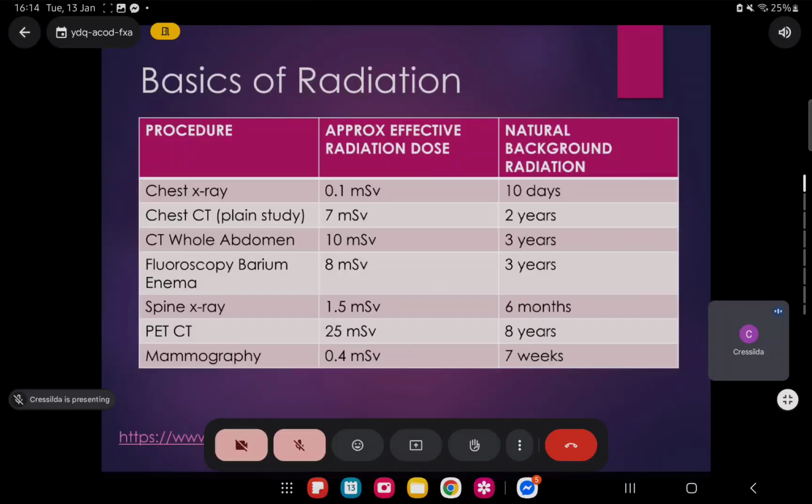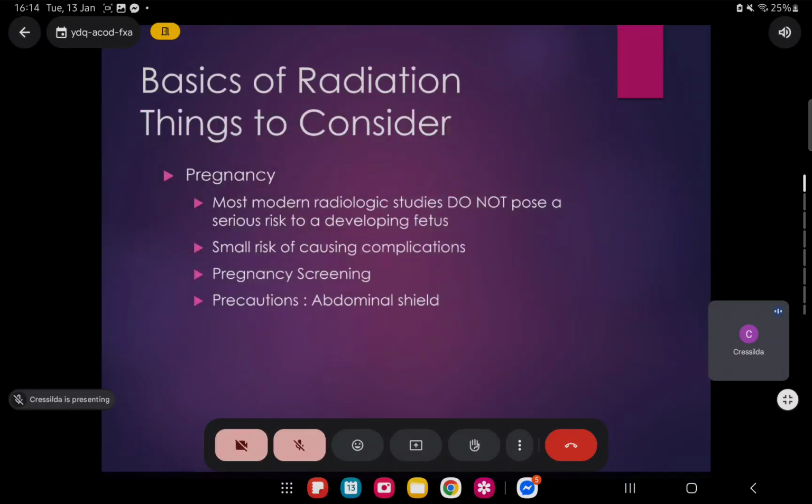So when the patient walks around for 10 days, that's the equivalent of one chest X-ray. A plain chest CT study of 7 millisieverts is equivalent to about 2 years of natural background radiation, and so on and so forth.